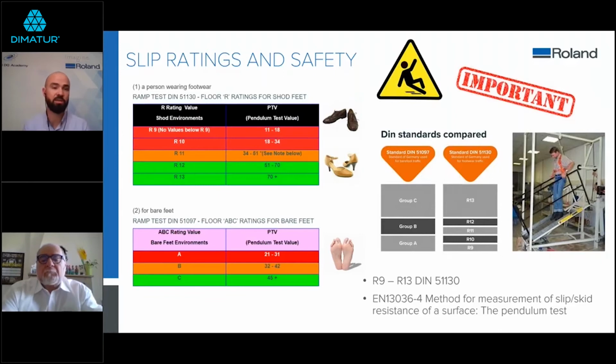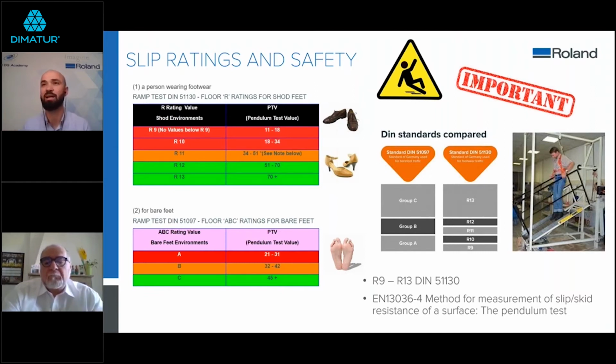This is mainly in the UK or in Europe that we're talking about. So they're basically broken down into a DIN standard, and then there's an EN standard as well. So the DIN standard is 51130, and the ratings go from an R9 up to an R13. Now these are based on a slip standard on a ramp.